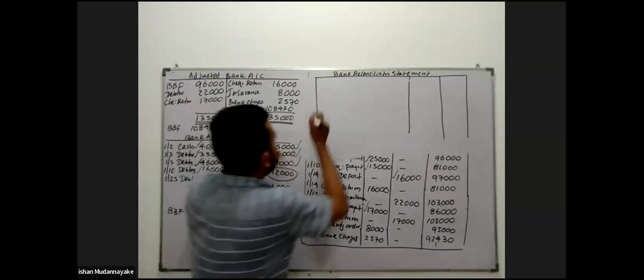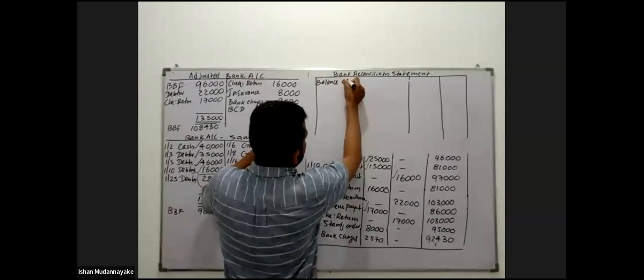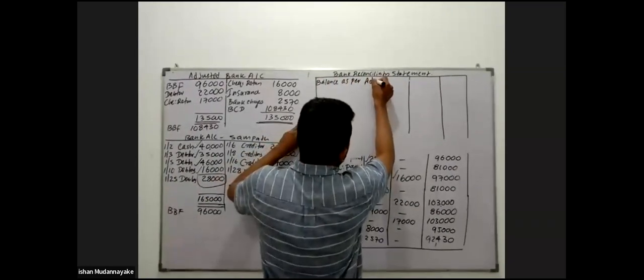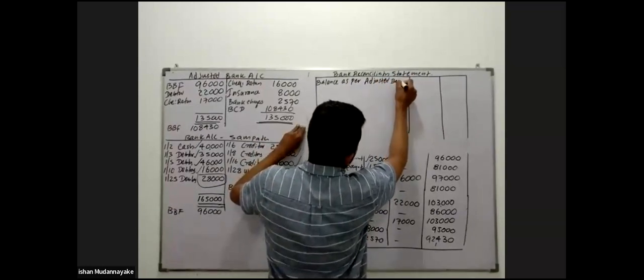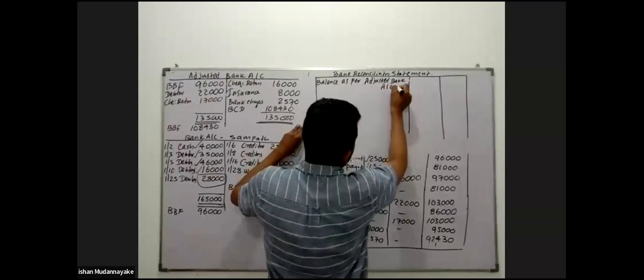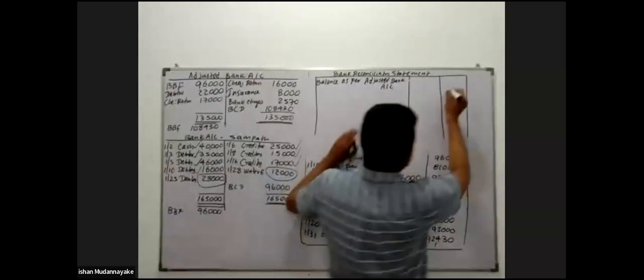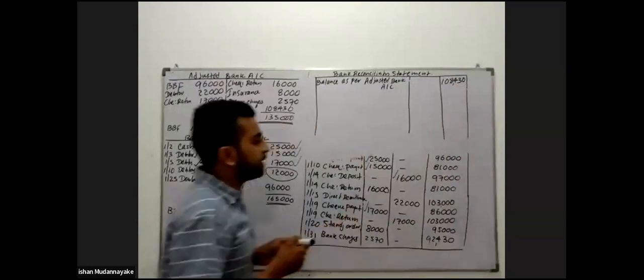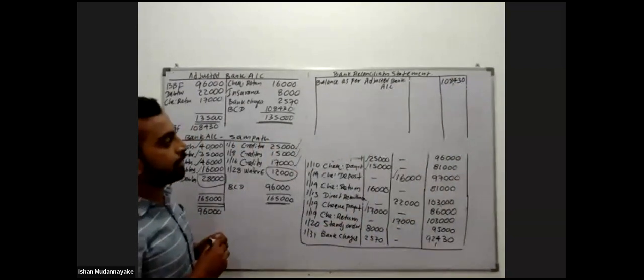Balance as per adjusted bank account, 108,430. You have adjusted your balance, but still there's a difference.